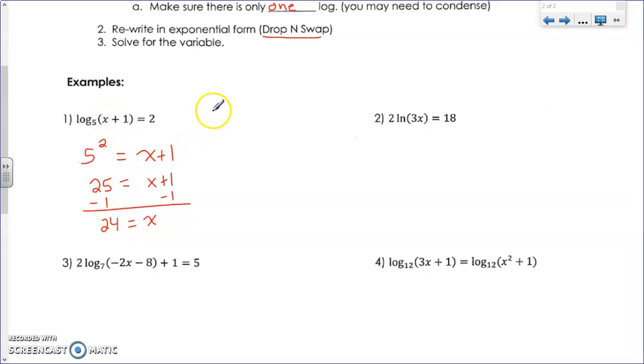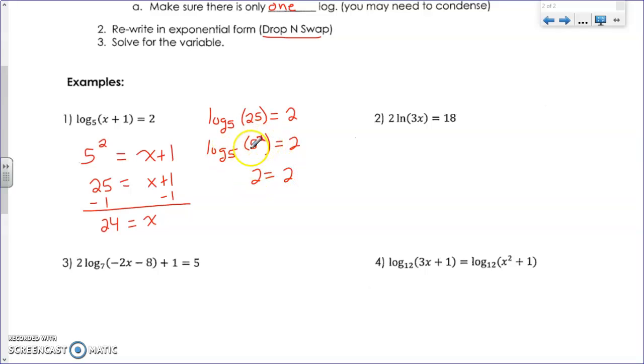Plug it back in. That would give me log base 5 of 24 plus 1, which is 25, equals 2. Now you can do this without a calculator because we know the base, and I can make this 25 be 5 squared. Then if the bases are the same, this is a 2. Then this just drops, and so 2 equals 2.